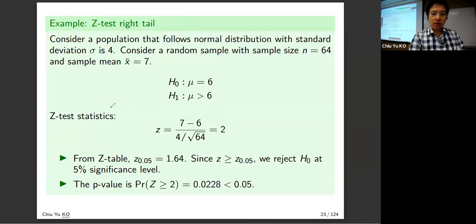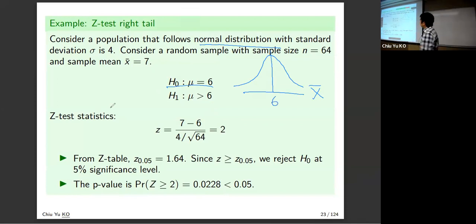By the normal assumption, we know that X bar will follow a bell curve. According to the null hypothesis, mu is 6, and our alternative hypothesis is that mu is bigger than 6.